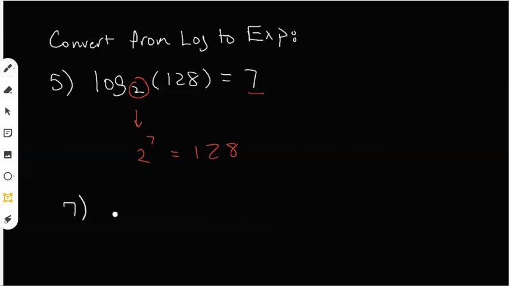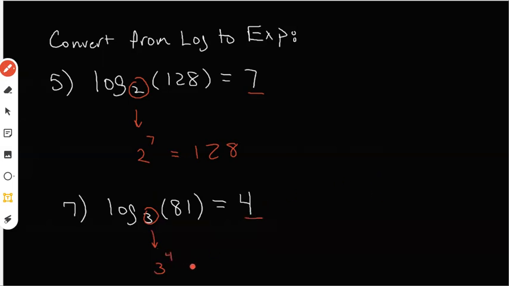Let's try number 7. For number 7, I have a logarithm base 3 of 81 is equal to 4. The first thing that I do is figure out what the base is. For this one, the base is 3. So I bring the 3 down. The 4 is going to be my exponent on the other side.